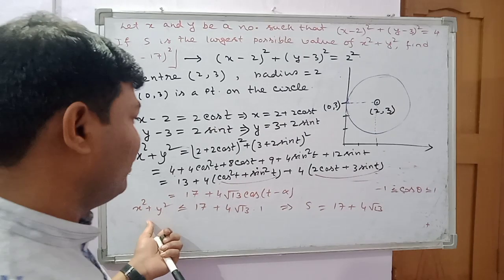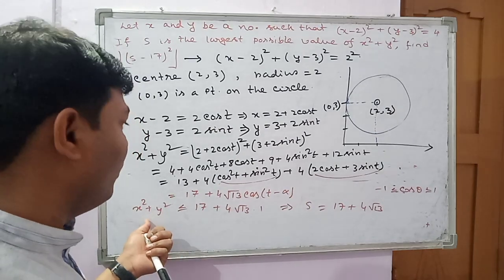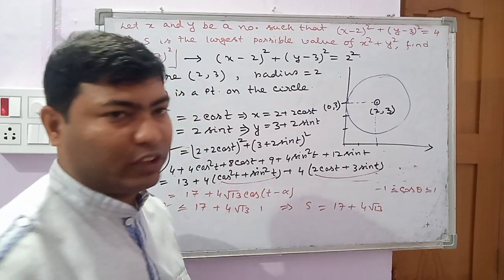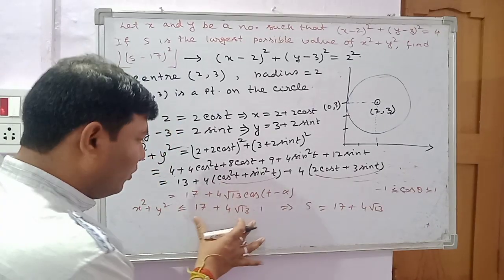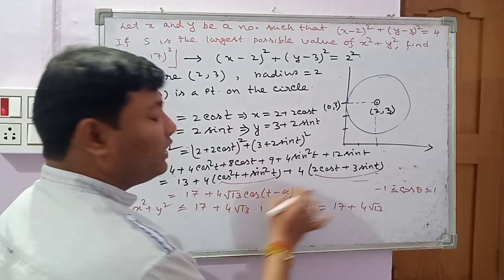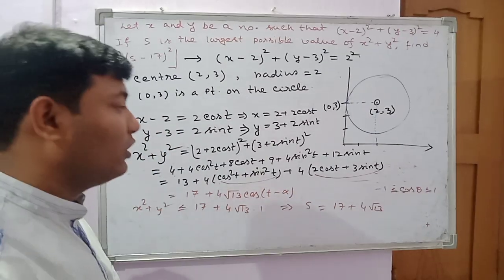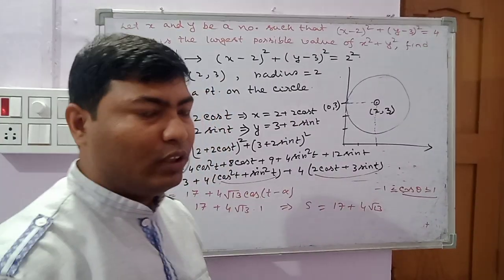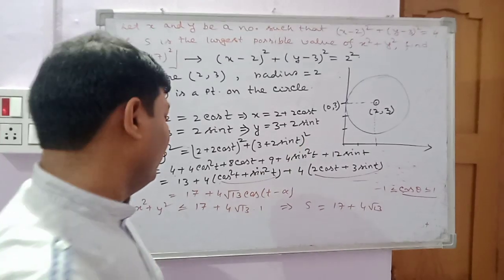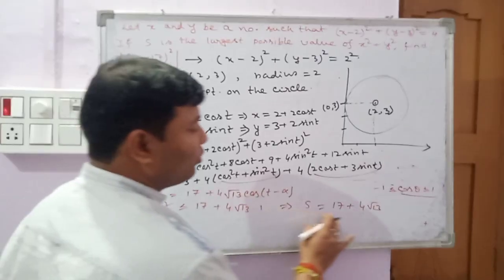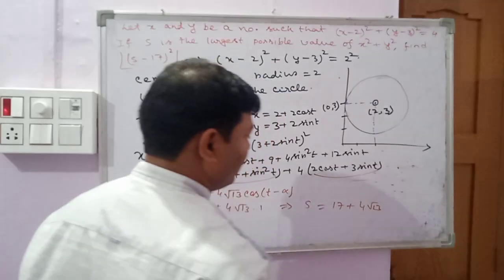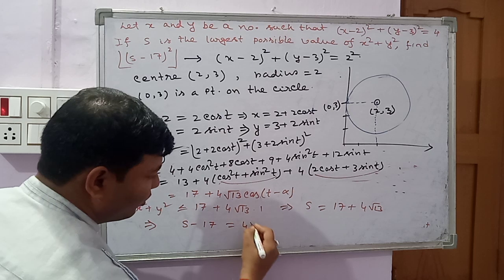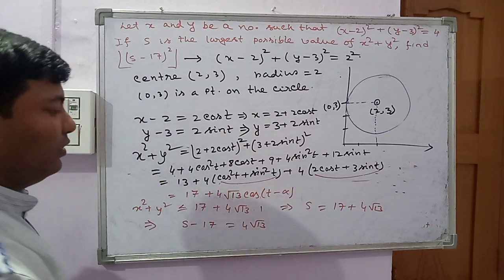This value will be maximum when cos theta is maximum, that is when cos theta equals 1. So s equals 17 plus 4 root 13, which gives s minus 17 equals 4 root 13.